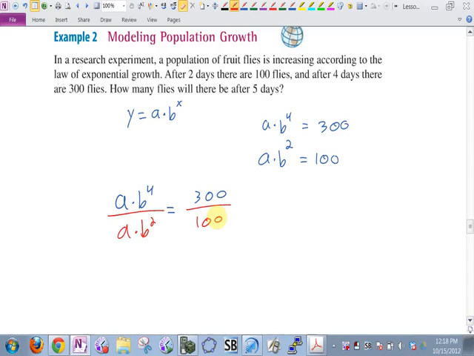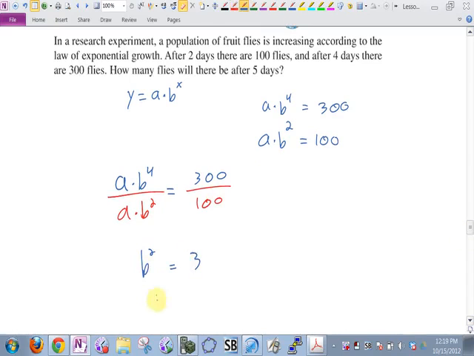A. What's a times b to the fourth divided by a times b to the second? It's just b squared, and 300 divided by 100 is 3. So we square root both sides and get plus or minus radical 3. But because b is the base of the exponential, we've already talked about how the base can't be negative, right? So b is positive radical 3.